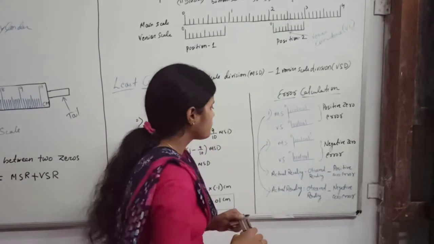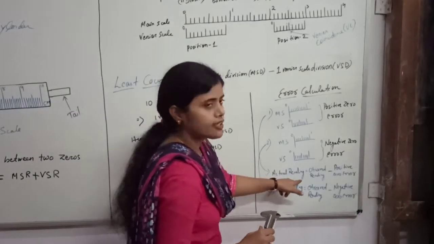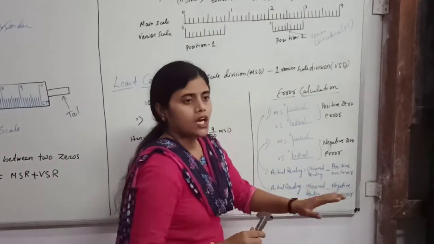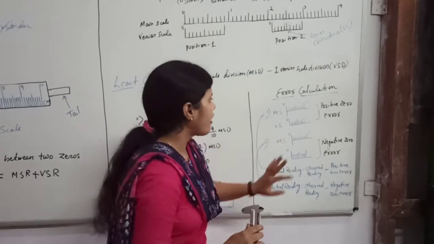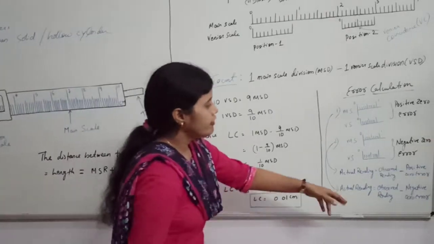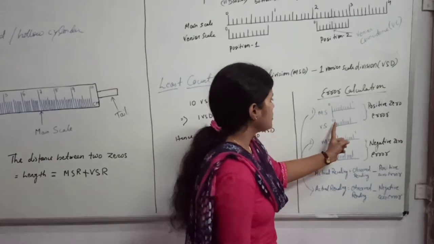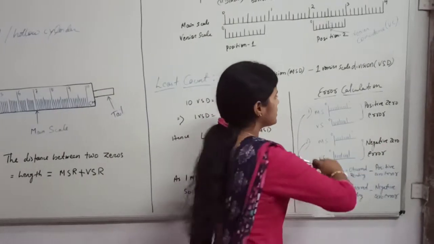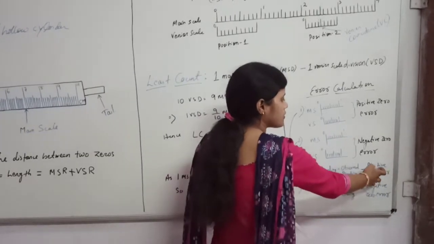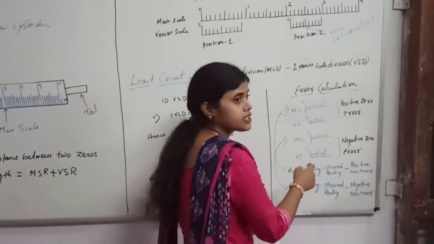So to find the error-free reading, the actual reading will be equal to the observed reading. Observed reading means what we have found by adding the main scale reading and vernier scale reading. Then we will subtract the positive zero error. Why subtract? Because this is extra added, because this is in the right direction. So some extra reading is coming. So we will subtract the positive zero error from the observed reading, and that will give us the actual reading, which is error free.